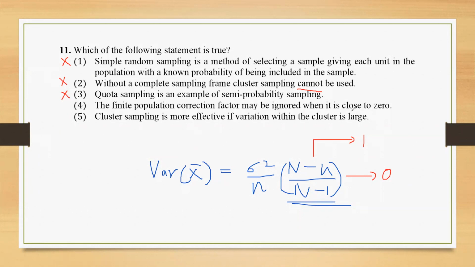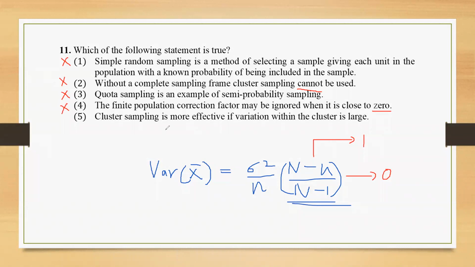Why? We can't ignore the finite population correction factor when it is close to zero. We can only ignore it when it is close to 1. So the error is here. Therefore, the fourth statement is also incorrect.